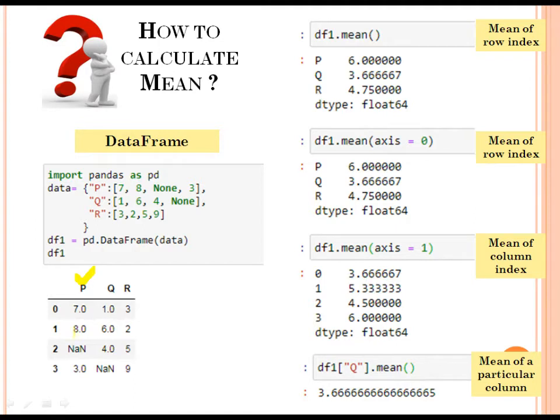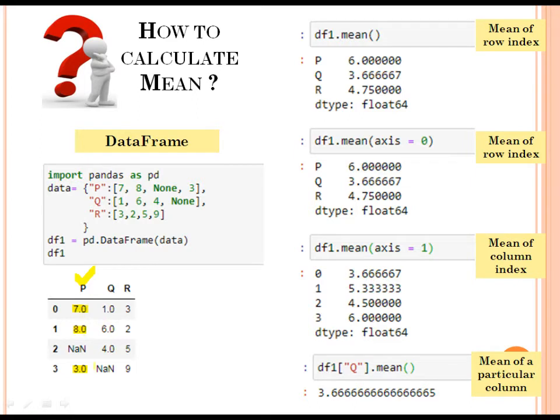This P column has 3 values here: 7.0, 8.0 and 3.0. Children, when we add them, the answer is 18. And when you want to find the mean, you have to find the average of all the values.